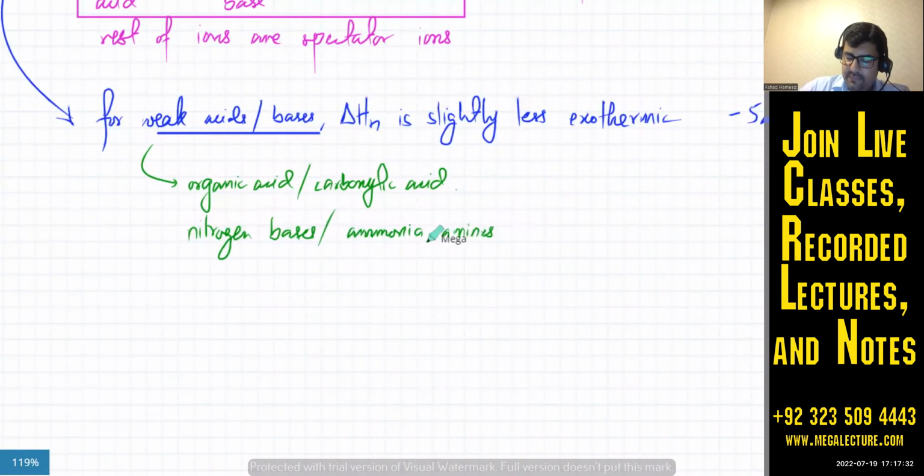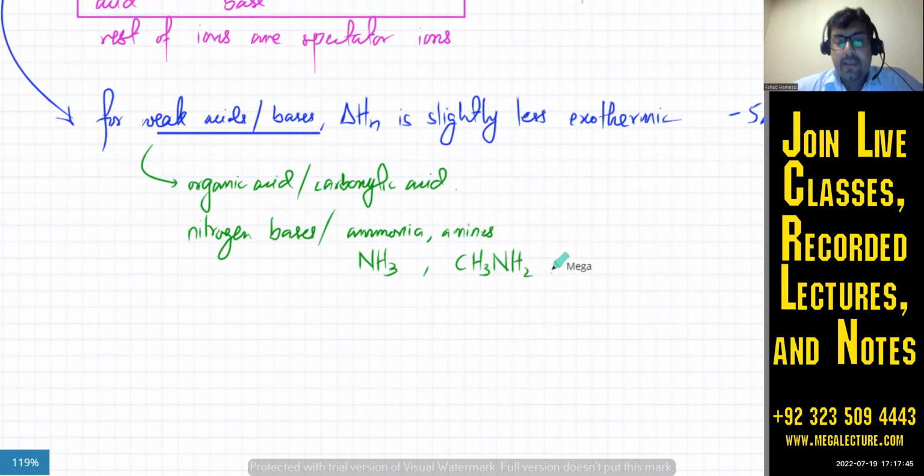Examples: ammonia is NH3 and an amine is NH2, etc. Carboxylic acid is like this, it's RCOOH. So organic acids are usually weak acids. They don't ionize a lot. And organic bases are nitrogen bases.